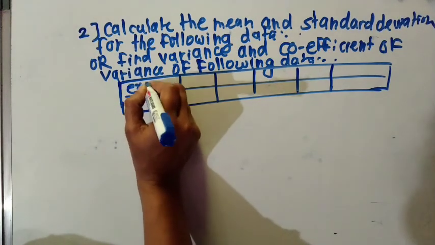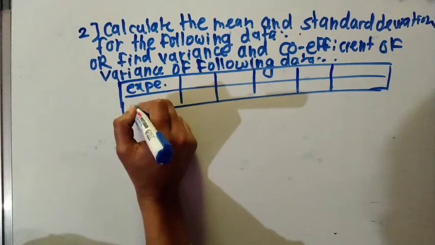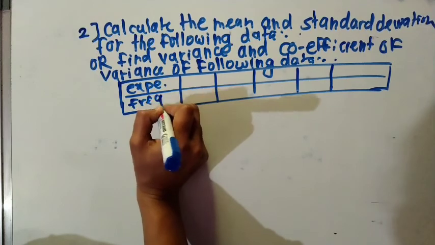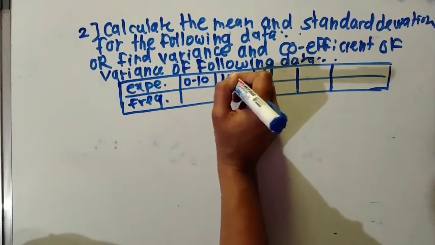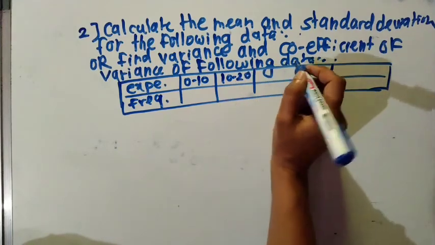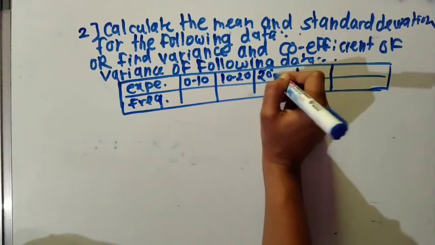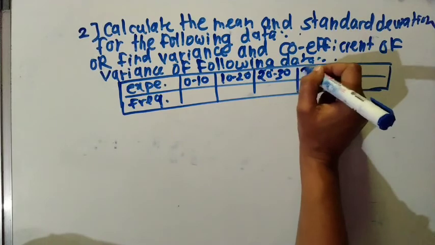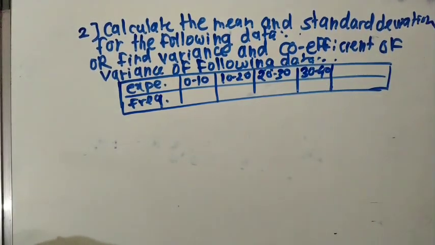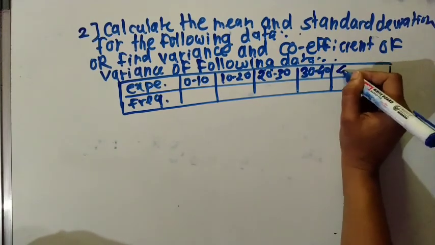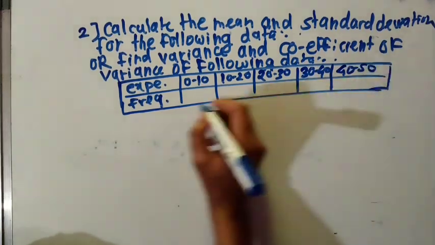This is expenditure and this is frequency. So 0 to 10, 10 to 20, 20 to 30, 30 to 40 and 40 to 50.